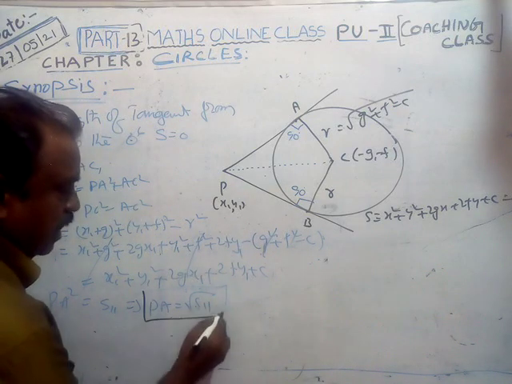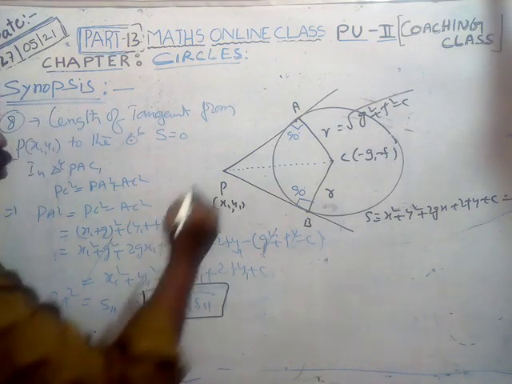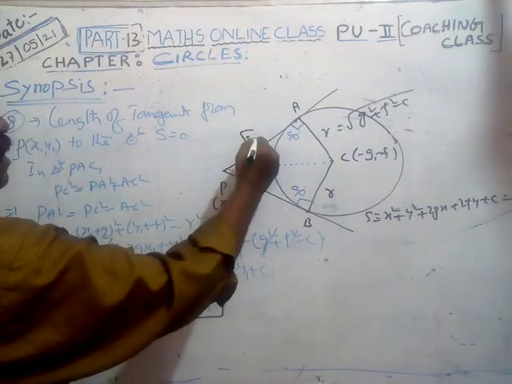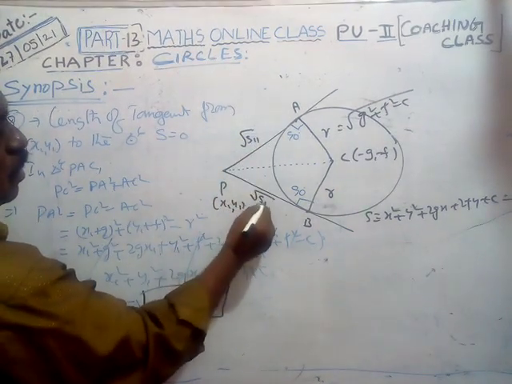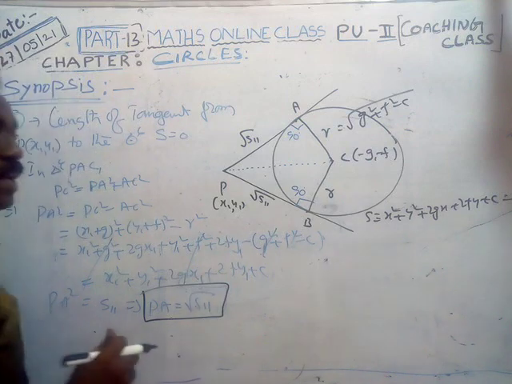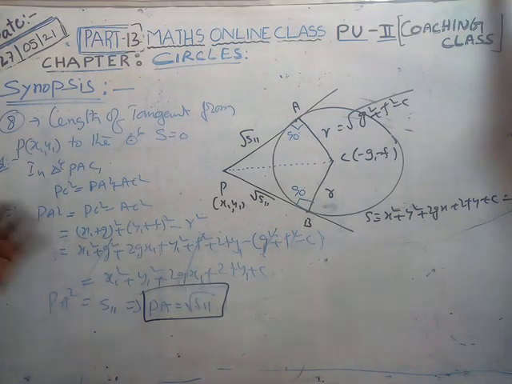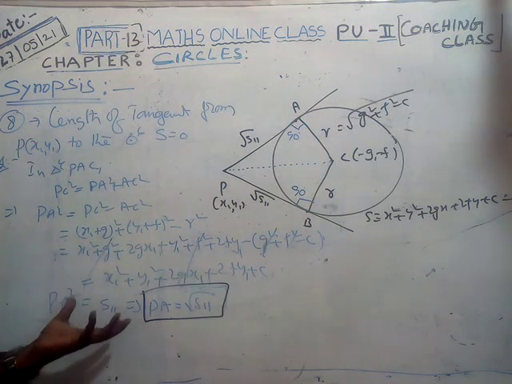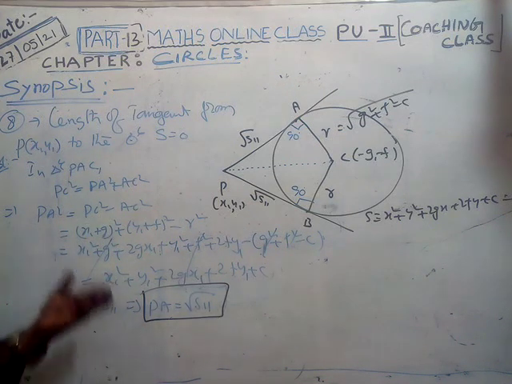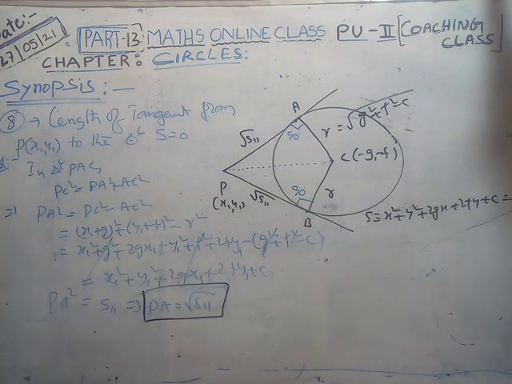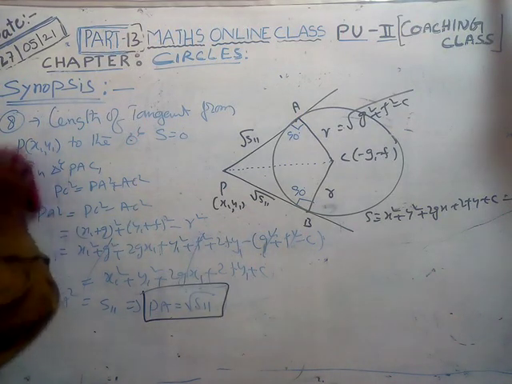That length of tangent is nothing but root S11. What does the notation S11 mean? The point is substituted in the circle equation, the same way we would if it lay on the circle, and we get S11. Okay, na? That is a very good concept, the length of tangent. Next.